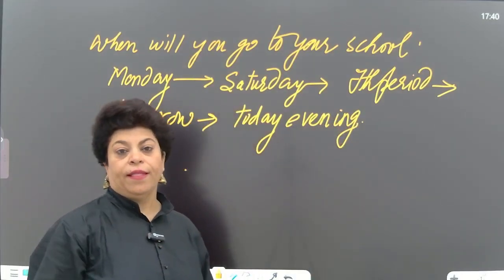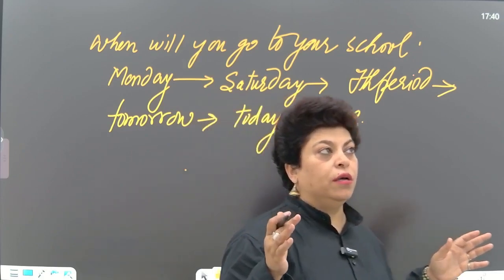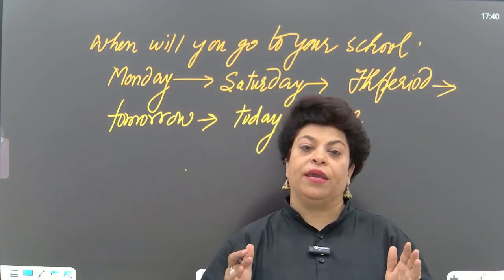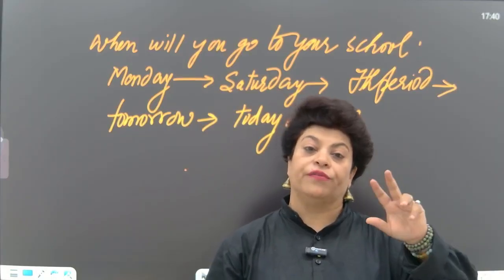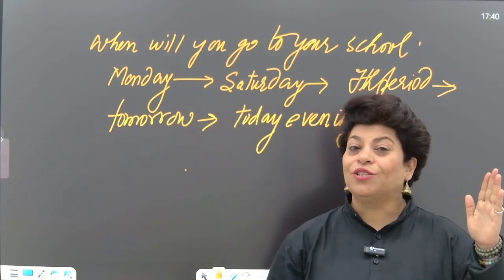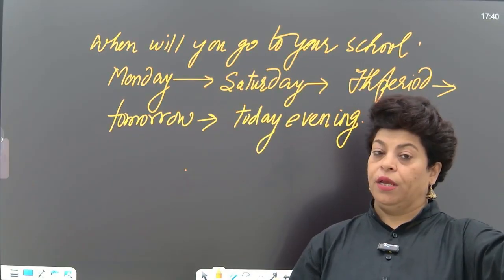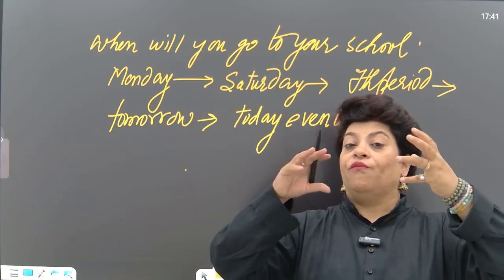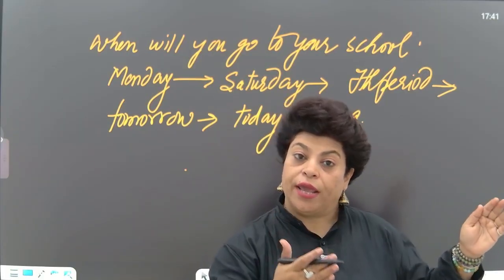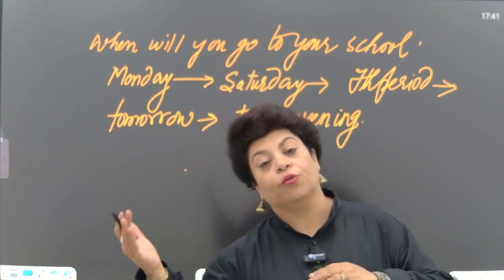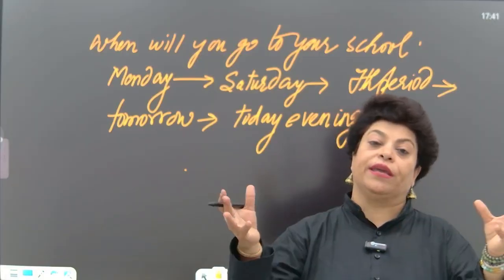Hence, whenever we talk about the particular time in which a work is to be done, it is said to be adverb clause of time because it is talking about time, it is talking about when the thing has to be done, it is talking about that particular day, or that particular time, but the day also indicates the time.